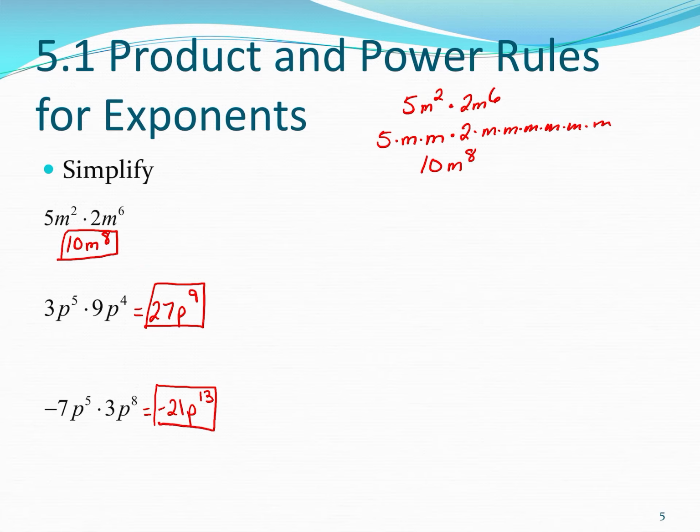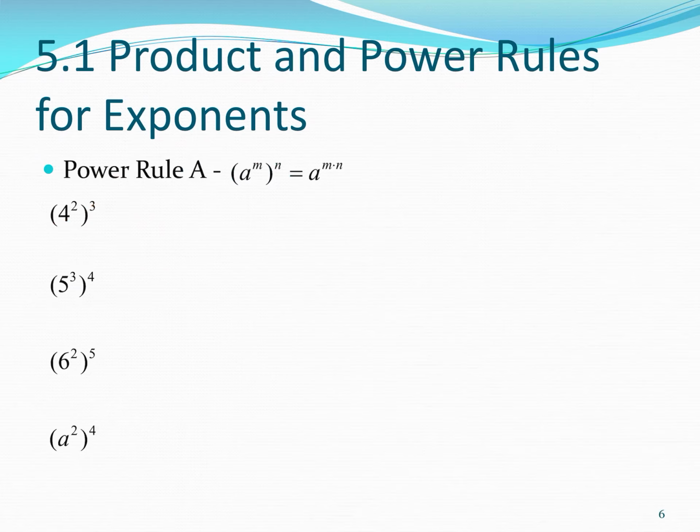When you do that, you should end up with negative 21 p to the 13th. So again, multiplying the negative 7 times 3, and then p to the 5th times p to the 8th, keep our base and add the 8 and 5. If you have any questions about the product rule, please let me know.